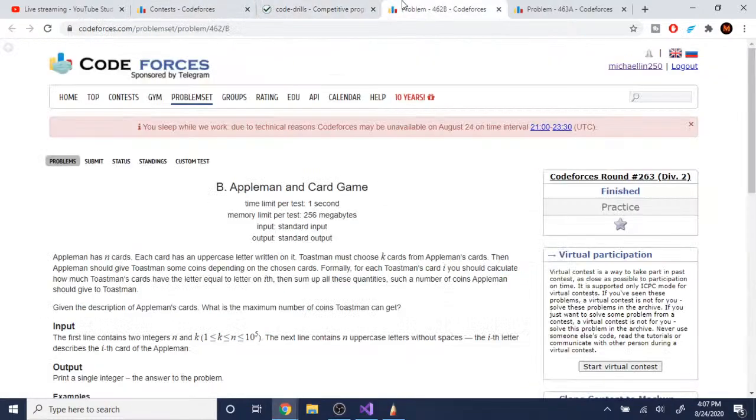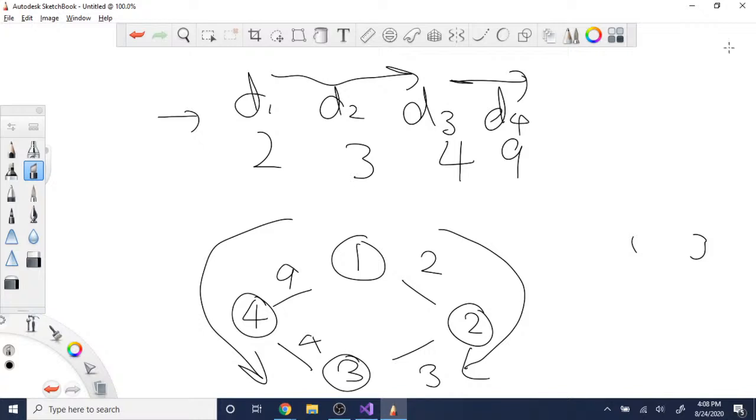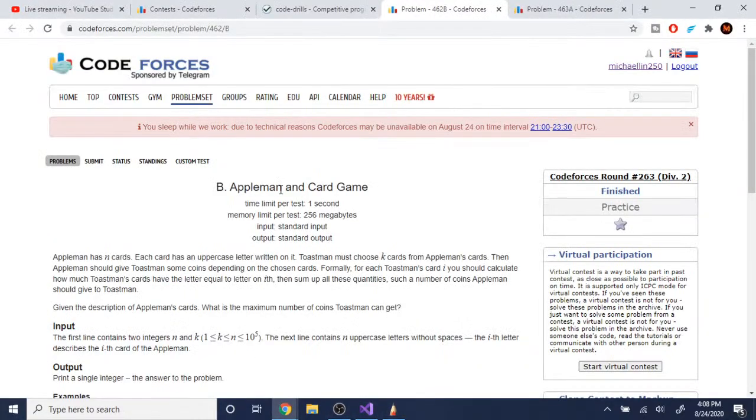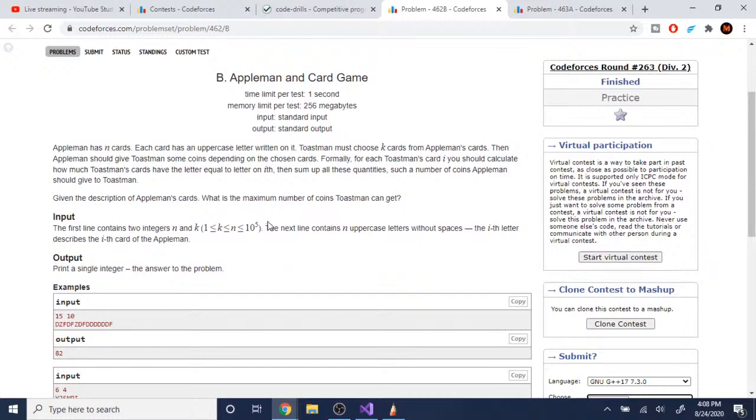So, yeah. Okay, this is a little bit harder, but let's see what we can do. Appleman and Card Game, Division 2, Round 263. Given N cards, each card has an uppercase letter on it.